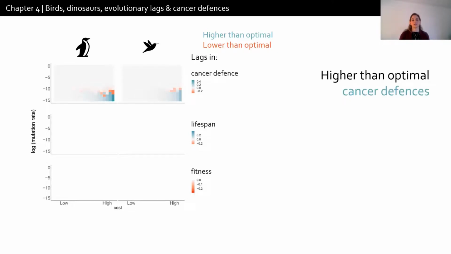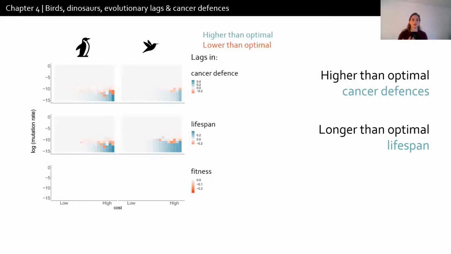As I've shown in the previous one, the birds have kept the dinosaurian cancer defenses below the mutational boundary, which meant that the defenses in this part of the parameter space were higher than optimal. And I've shown that they had lower probability of dying from cancer, which resulted in longer than optimal lifespan.